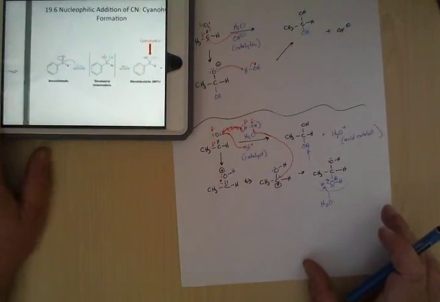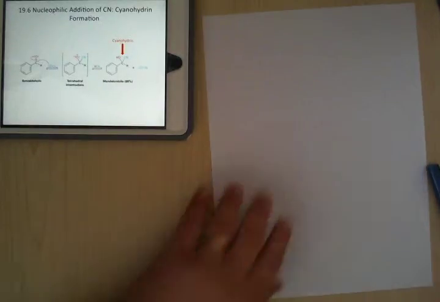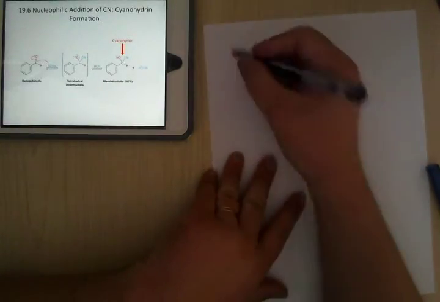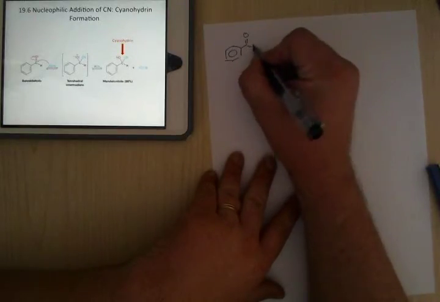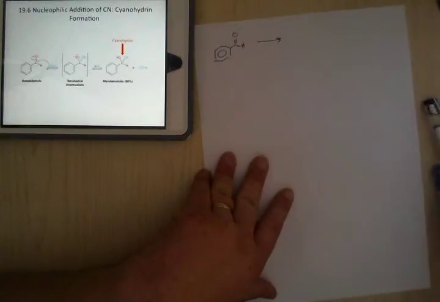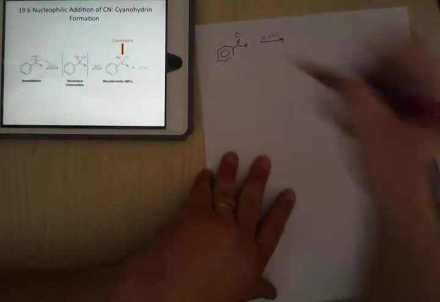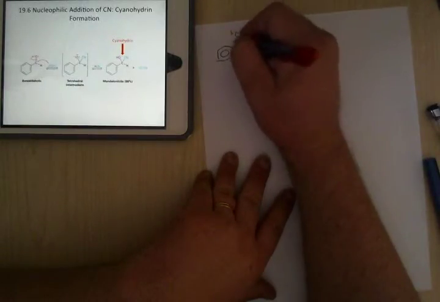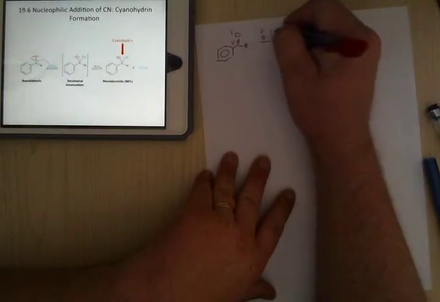Okay. Now the rest of these are going to follow that same course, right? So if you have benzaldehyde here, plus HCN, so this is positive, negative, right?